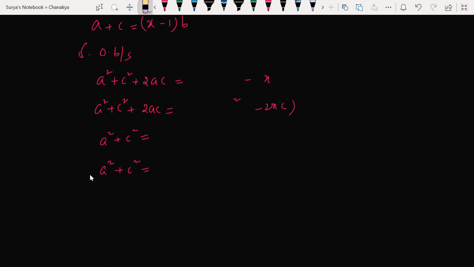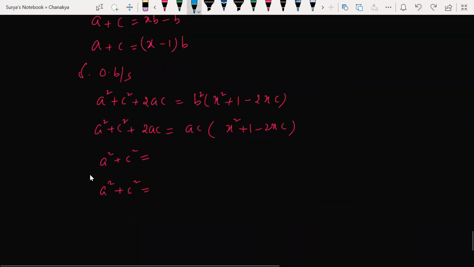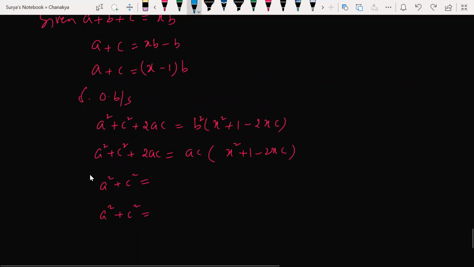Sir, why will it be C? Where will it be C, beta? Where are you saying? Sir, B square into 2x, X only square. 2x, only 2x. Yeah, only 2x.